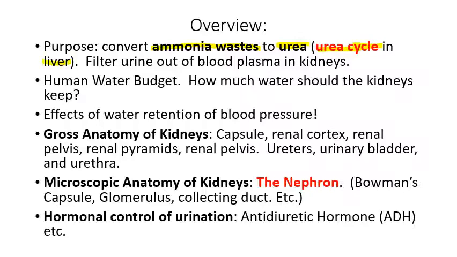And then, once we've converted the ammonia into urea, it's not as dangerous anymore, but it still floats around in the blood until we can get rid of it. So what we then do is we filter the urea out of the blood inside the kidneys. And then the urea ends up in the urinary bladder, and then it's sent out of the body in the form of urine.